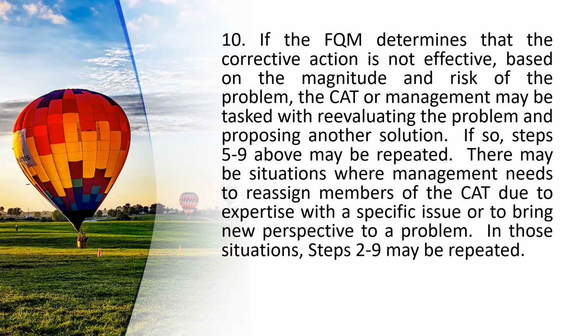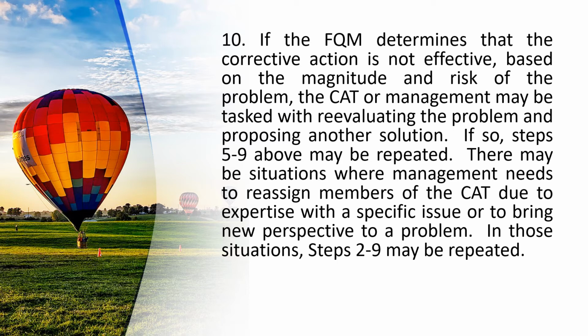Number 10, if the FQM determines that the corrective action is not effective, based on the magnitude and risk of the problem, the CAT or management may be tasked with re-evaluating the problem and proposing another solution. If so, steps 5 to 9 above may be repeated. There may be situations where management needs to reassign members of the CAT due to expertise with a specific issue or to bring new perspective to a problem.